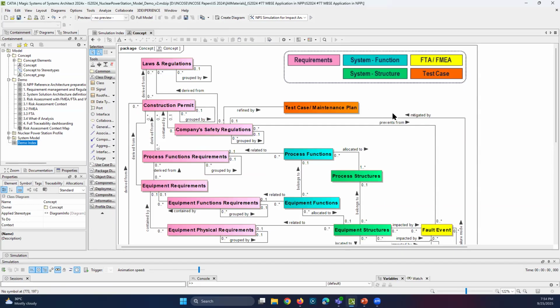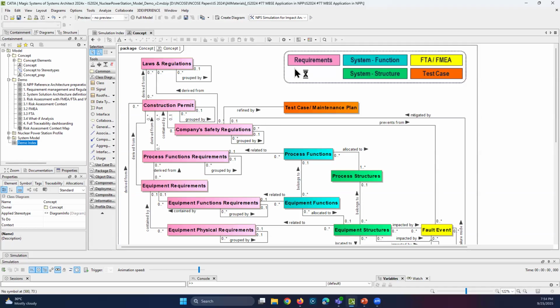As you can see, we're trying to understand the relationship between the requirements, the system functions, the system structure, and also the elements that belong to the methods in the FMEA and FTA, such as the top events, the failure modes, and of course the test cases, right? So during the modeling experience, when this concept is done, we are able to use, for example, AI to interpret these ontology models, turn them into an ontology, and then perform reasoning against the model that we built, right? So how does it actually work?